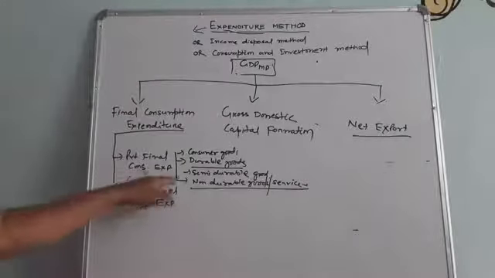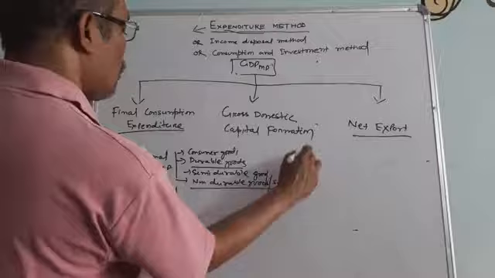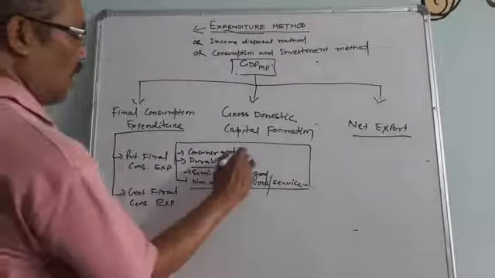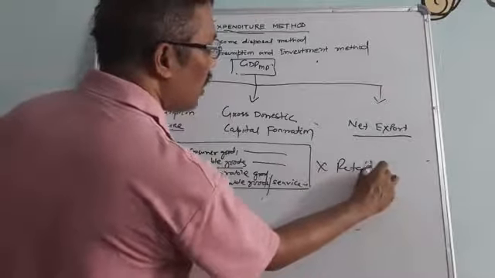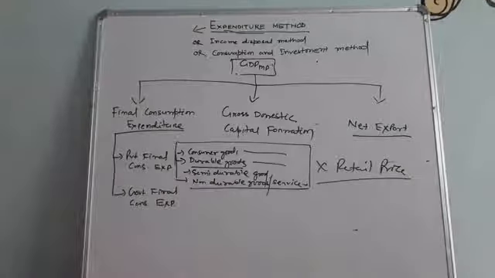We are spending on this type of goods, and whenever we are purchasing these goods at the retail price, that is called private final consumption.